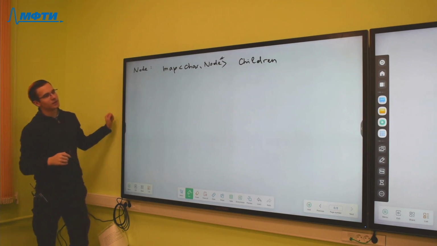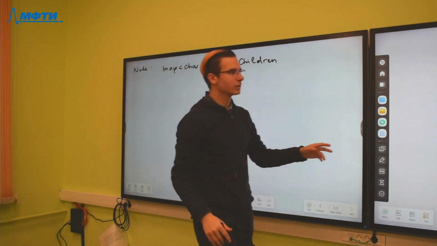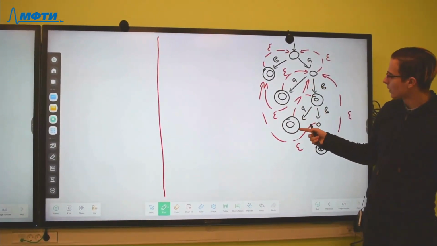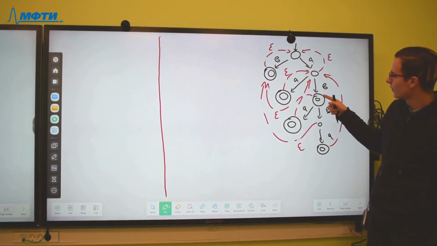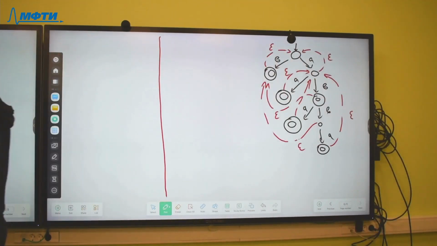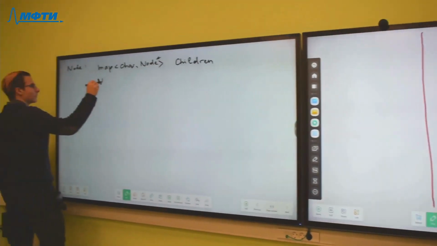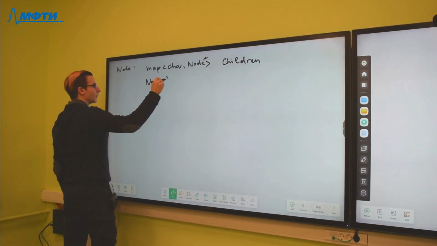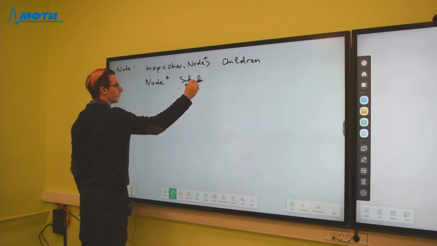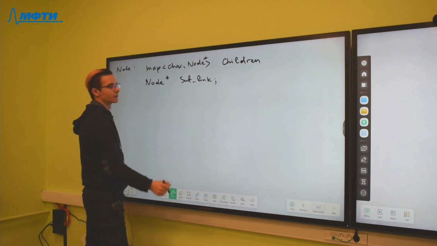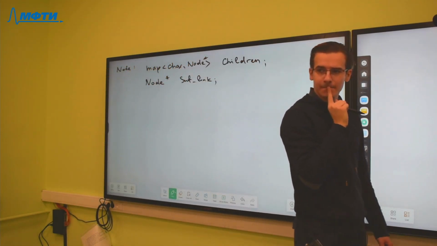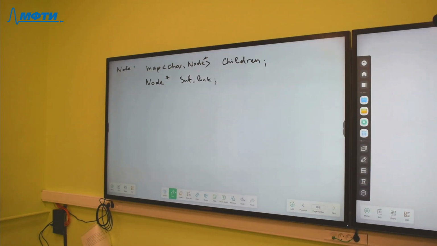Okay, and it's about black links here, and we have only one suffix link from the node. So we add two. What did you say about node?